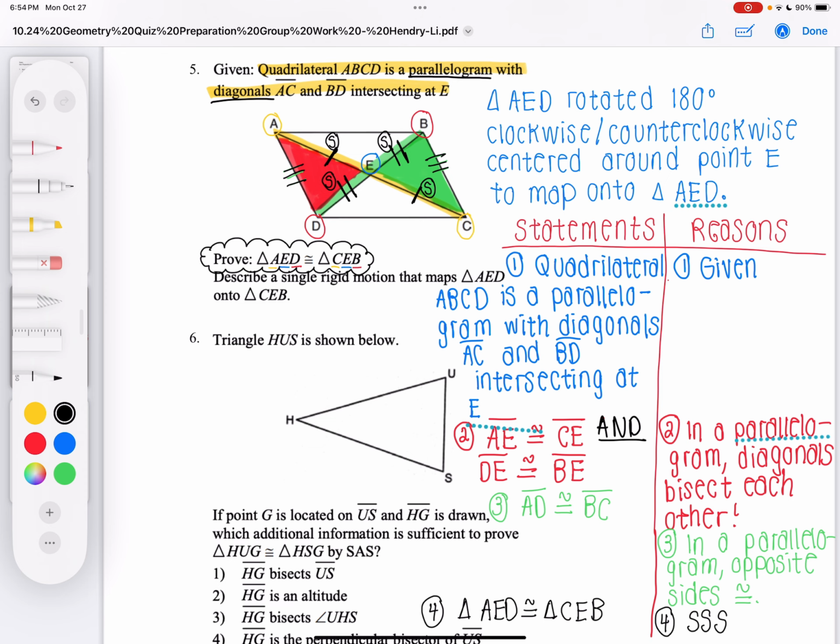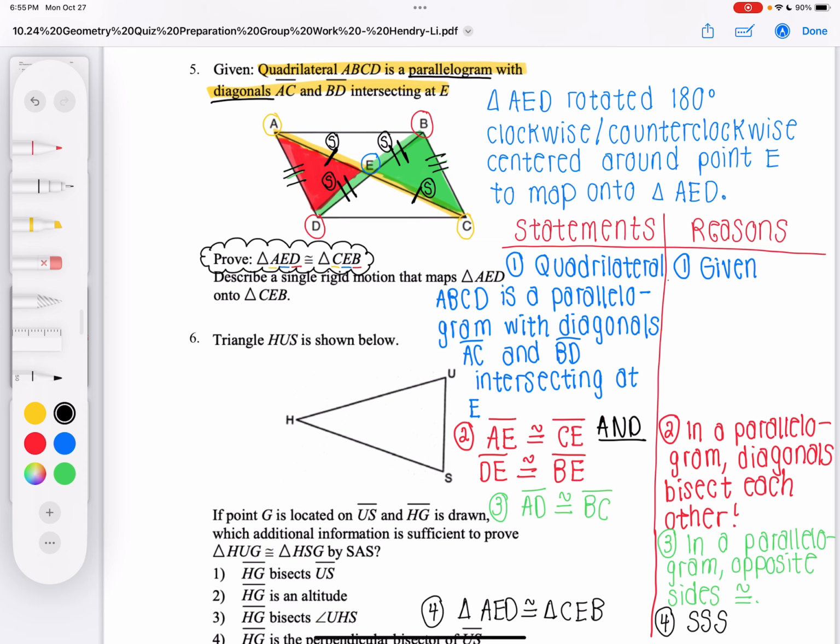You can also talk about vertical angles being congruent. So you can say that angle AED is congruent to angle CEB. And then you can use side angle side. You can also talk about alternate interior angles because we have that this is a parallelogram. So we know that line segment AB is parallel to line segment CD.